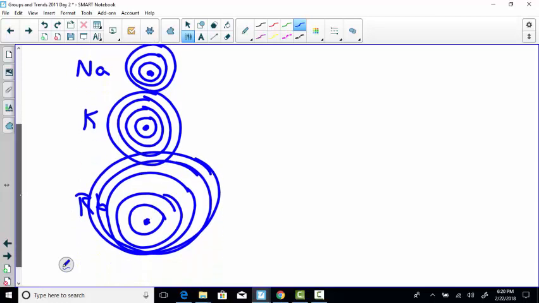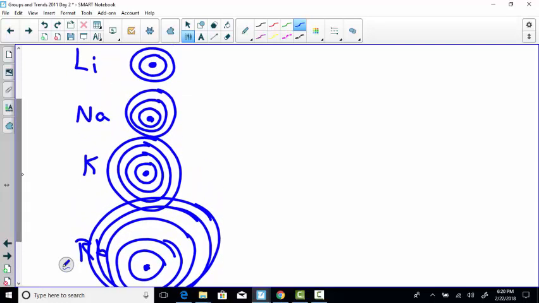Now, just in my drawings, which I apologize for, just in looking at these Bohr models, what actually happens to the size of these atoms as you go down the group? If you look at just the Bohr model, the trend as you go down a group is that you increase in size. That's the trend.